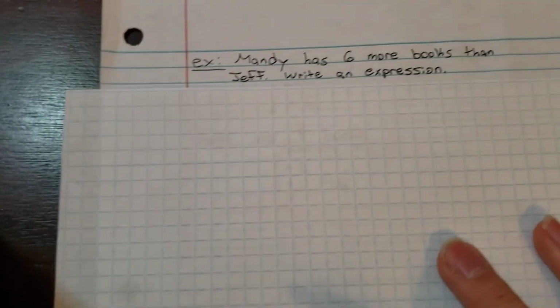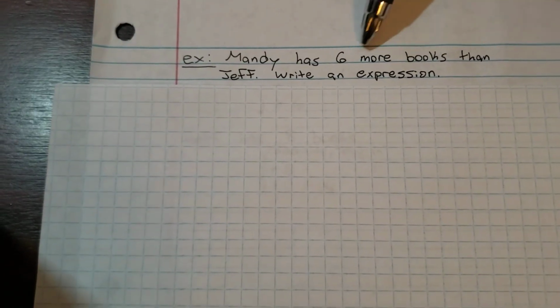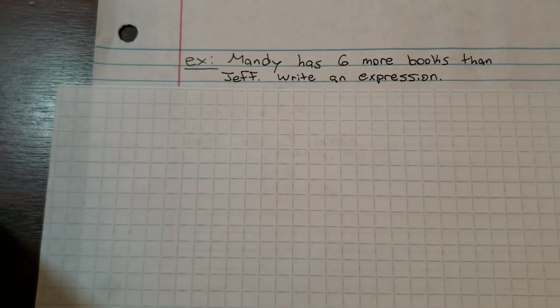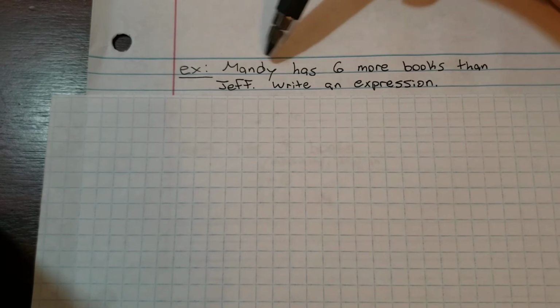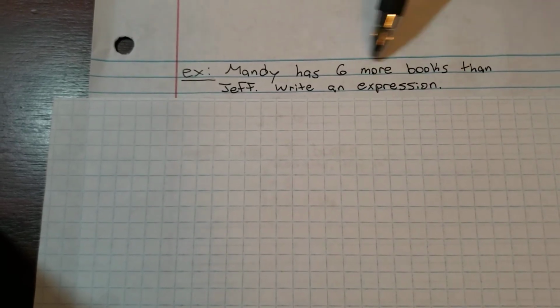I've got just a couple more examples. This first one, Mandy has 6 more books than Jeff. Okay, another thing to notice is more. In the other example, Reggie was taller, so we know that we were going to be adding. In this case, Mandy has 6 more than Jeff. So again, it's going to be addition.